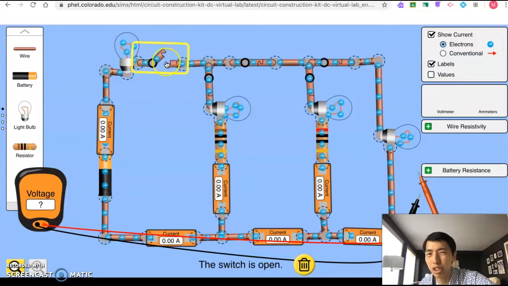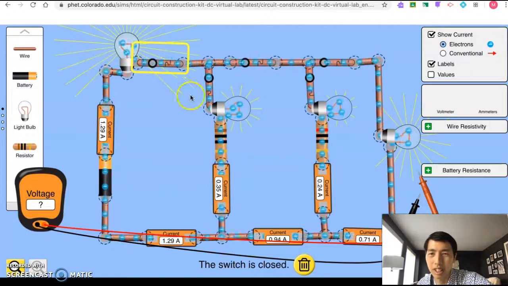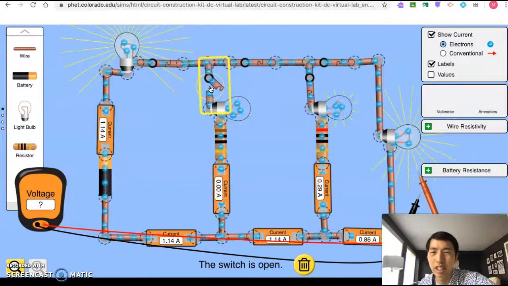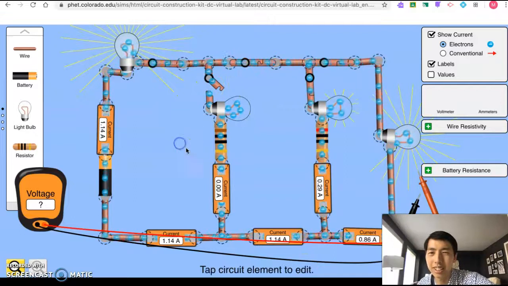So this one switch controls the entire circuit. Whereas this switch right here only affects this strand here. Opening this switch cuts off this strand, but the other two pathways still have a path back to the battery.